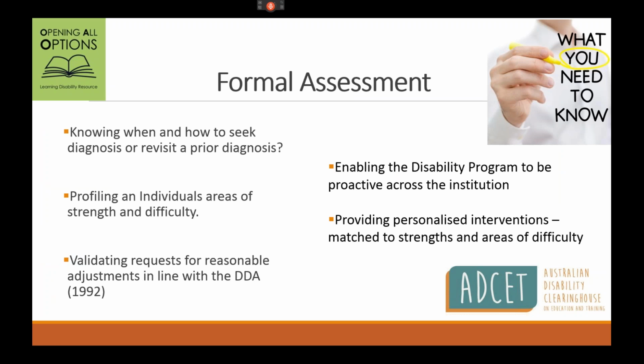So from the screening process, at the end of a screening process with a student, you will have a very clear indication through the tool we've provided whether you need to then move on to formal assessment. And that's a really important point, because that's where you have some deeper level conversations with the student about, I guess, what they're going to face when they go into a formal assessment, what it entails, what a label might mean to them.